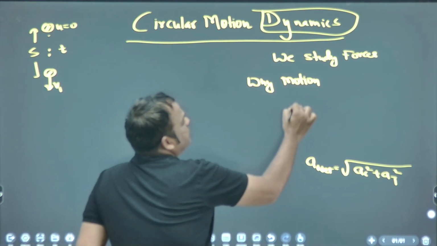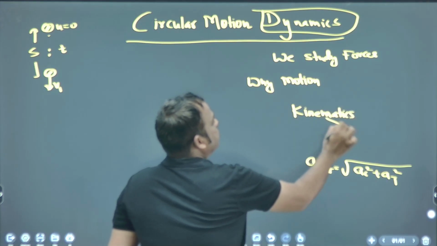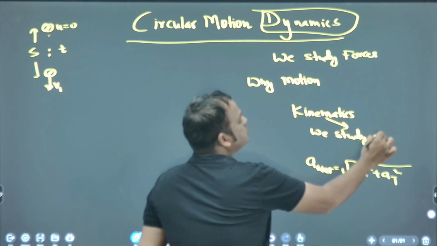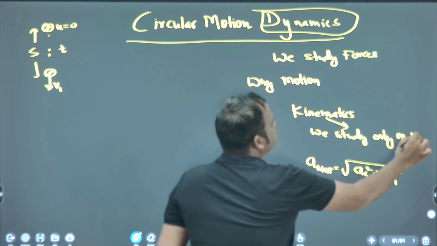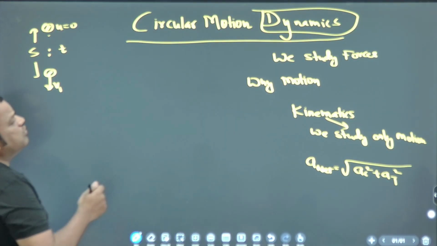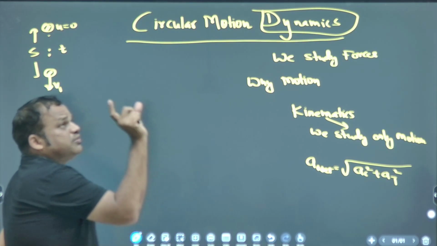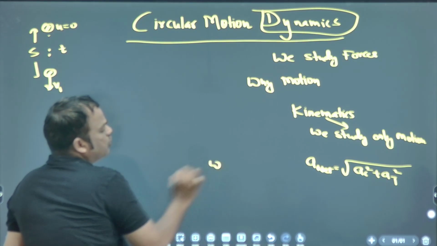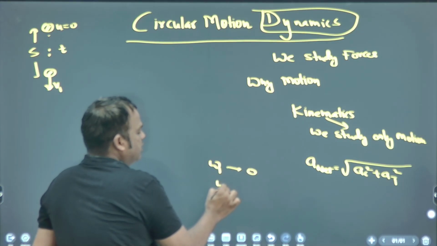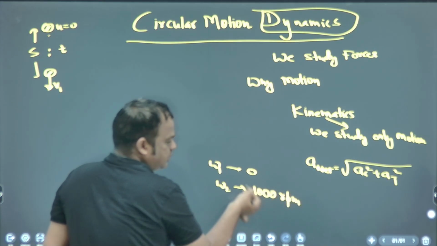What is the difference between kinematics and dynamics? In kinematics, we study only motion. Like for example, in circular motion, this fan is rotating. I will observe the speed of the fan, like omega. Initial speed 0. After some time, the speed is 1000 rpm, maybe, correct?